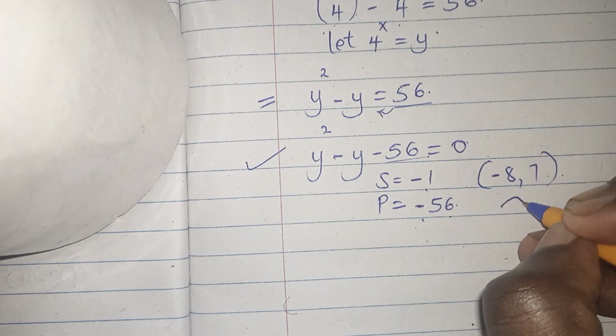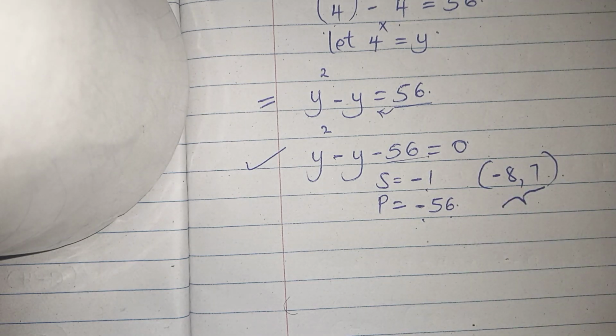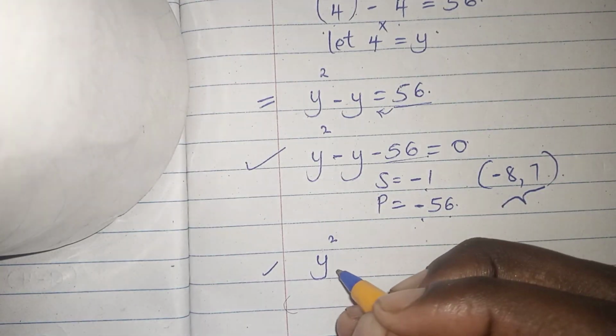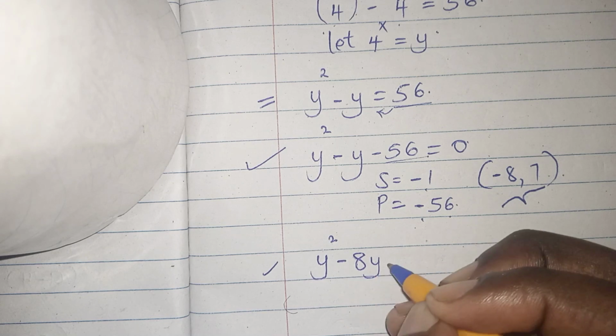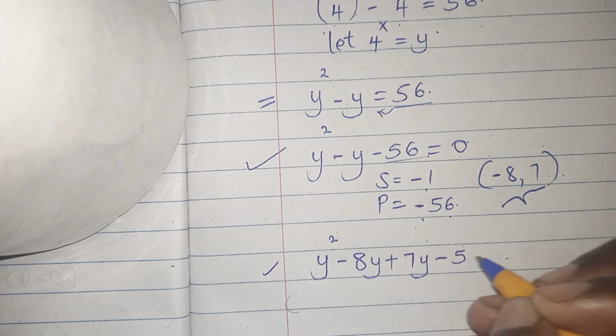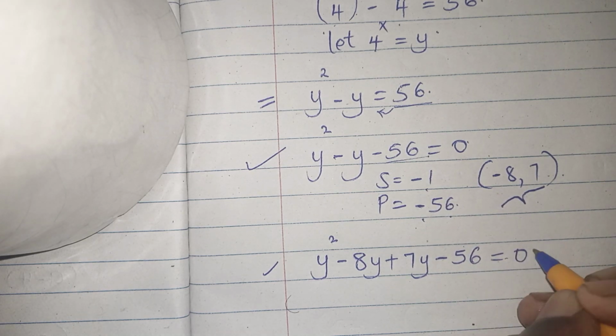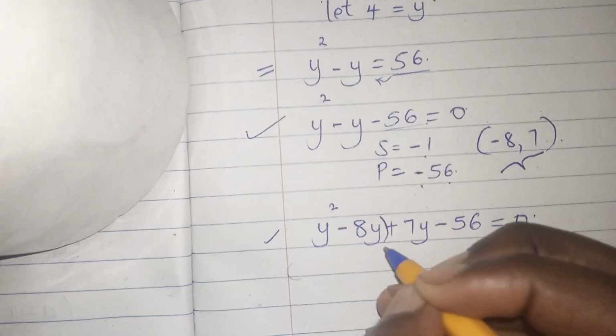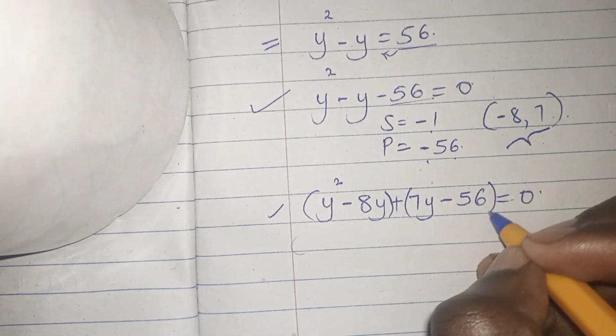So we shall substitute these two numbers in our quadratic equation. Therefore, this becomes y squared minus 8y plus 7y minus this constant 56 is equals to 0. Okay, so we shall consider this as our first term and this as our second term.